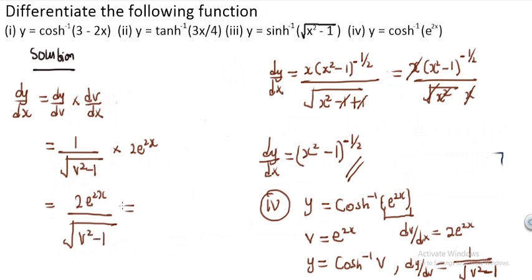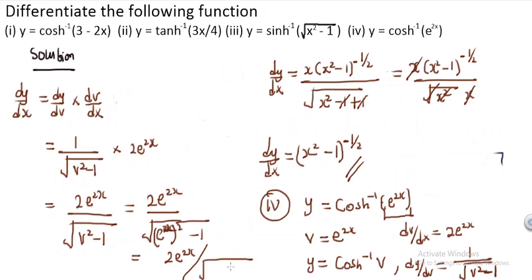So this is equal to 2e^(2x) divided by √(v² − 1). Now we plug in the value of v, which is e^(2x), so that we have 2e^(2x) over the square root of (e^(2x))² minus 1. You can write all of this as 2e^(2x) divided by the square root of e^(4x) − 1.